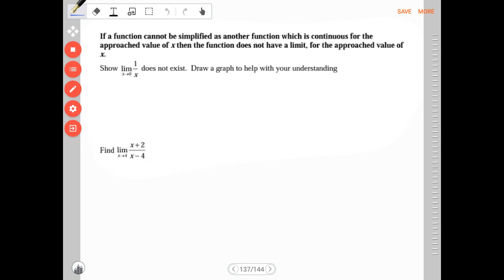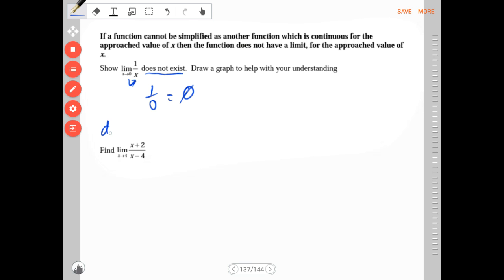I want you to show that the limit as x approaches 0 of 1 over x doesn't exist. Look, there's no way to factor this, so there's no factoring involved here. If I just put 0 into there, I get 1 over 0. Well, the ones that work are 0 over 0.